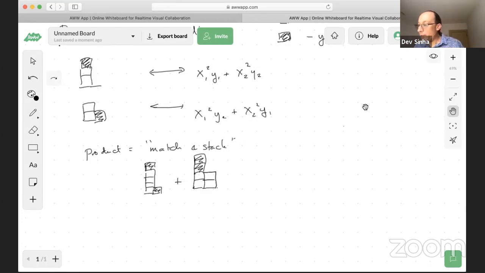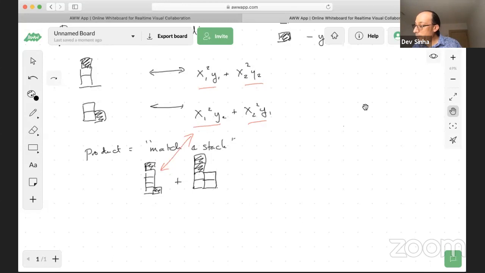Okay. And let's actually look at the 4 terms. If we take the product of, let's see, x1 squared y1 and x1 squared y2, that product, along with these two, would give me this term.